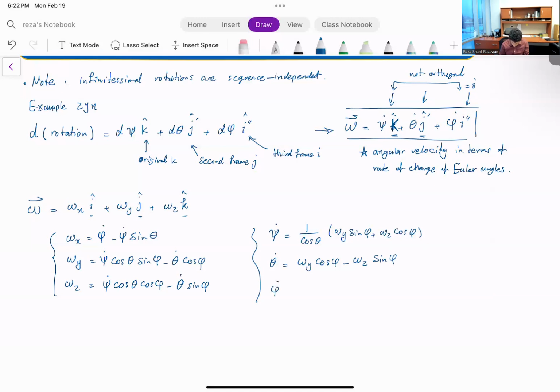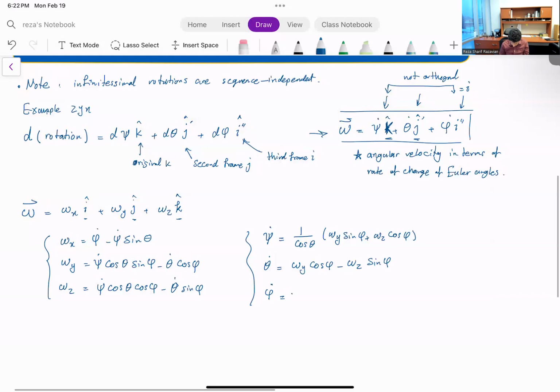And finally, your phi dot is omega x plus omega y tangent of theta sine of phi plus omega z tangent theta cosine of phi. Okay, and this is the inverse. If you somehow know that your body is rotating at a certain rate, you can go back and calculate the rate of change of your Euler angles.